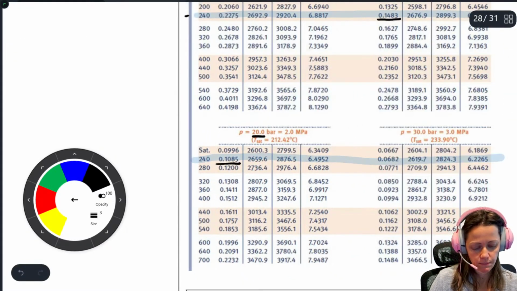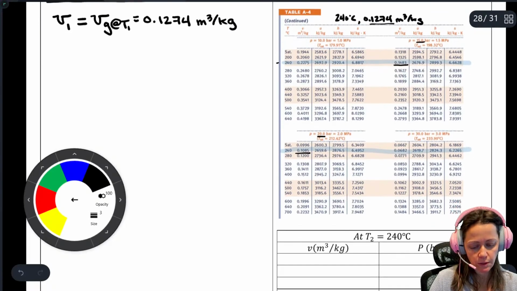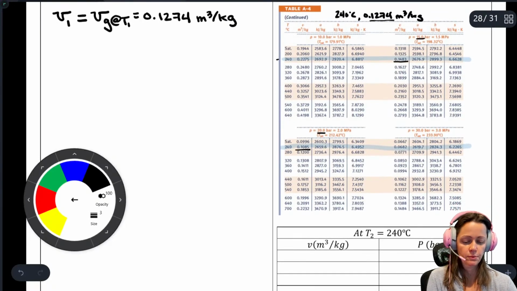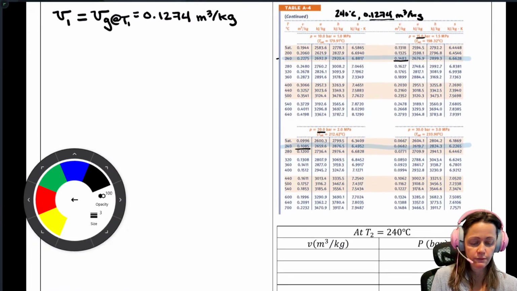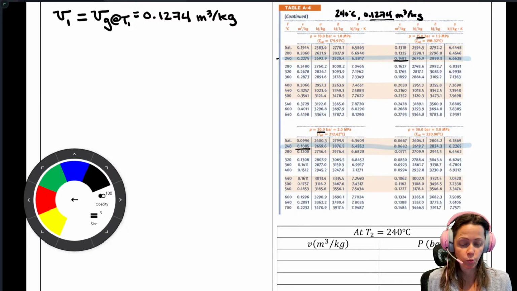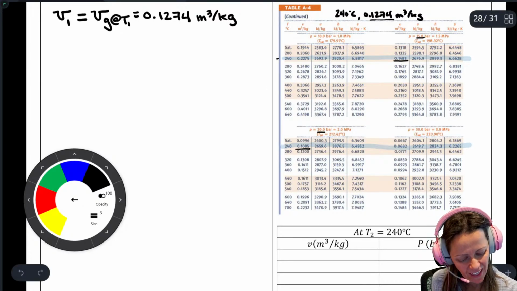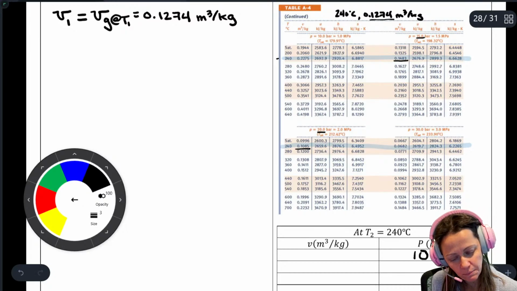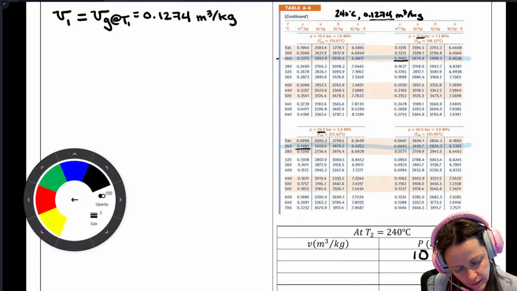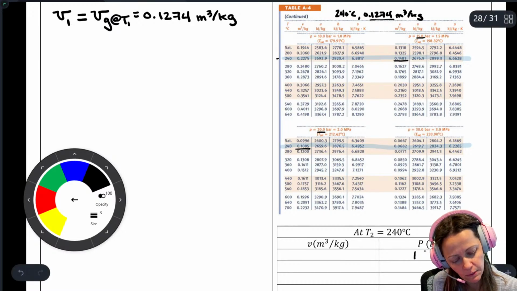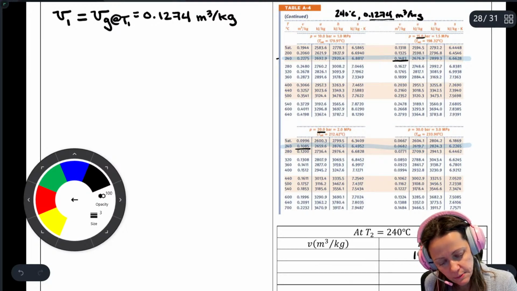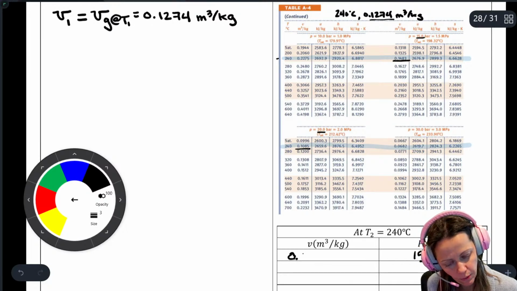So you can see at the bottom, I've come up with this little table to help us. I've organized it a little bit differently, but it doesn't matter. You can organize that table however you want to. So at 240 degrees Celsius, at 15 bar, my specific volume is 0.1483.